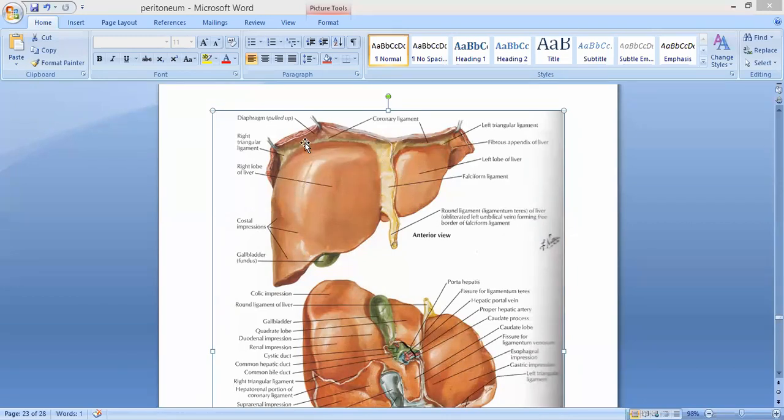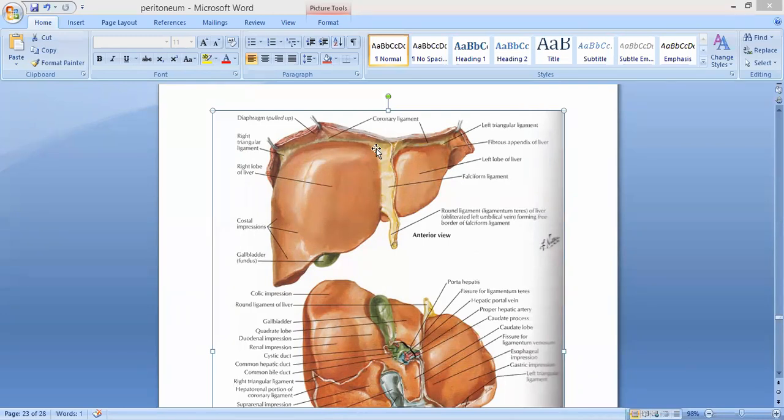This is the coronary ligament, right triangular ligament, left triangular ligament, and they hold the liver in its place by connecting it with the inner surface of the diaphragm. And like this one, the falciform ligament. So the peritoneal ligaments are two-layered folds of the peritoneum that connect the solid viscera to the anterior abdominal wall, for example, the liver.